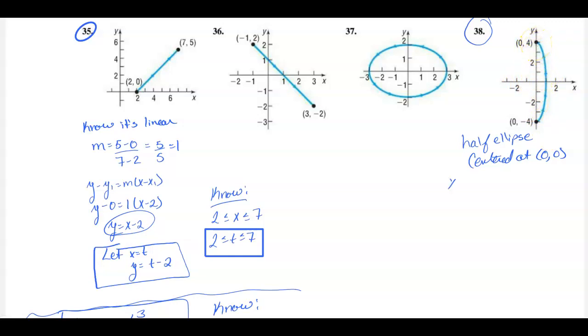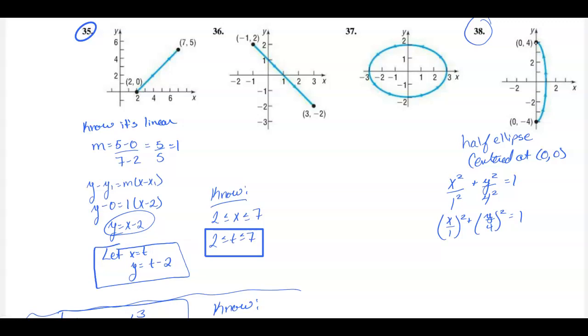So we could think about this as x squared over 1 squared plus y squared over 4 squared is equal to 1. There's our equation.